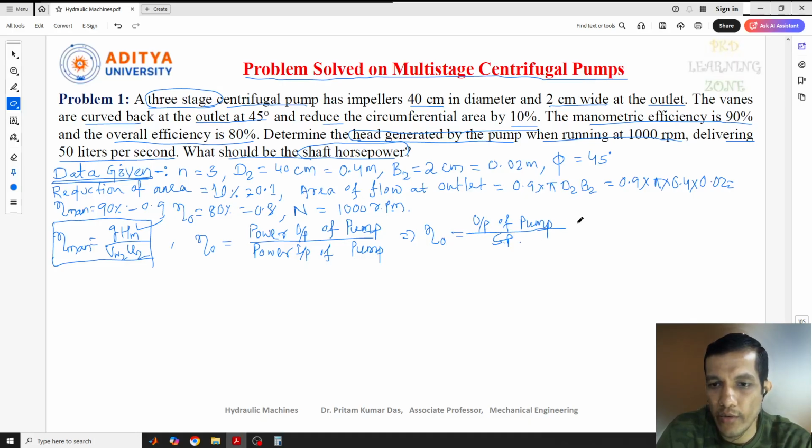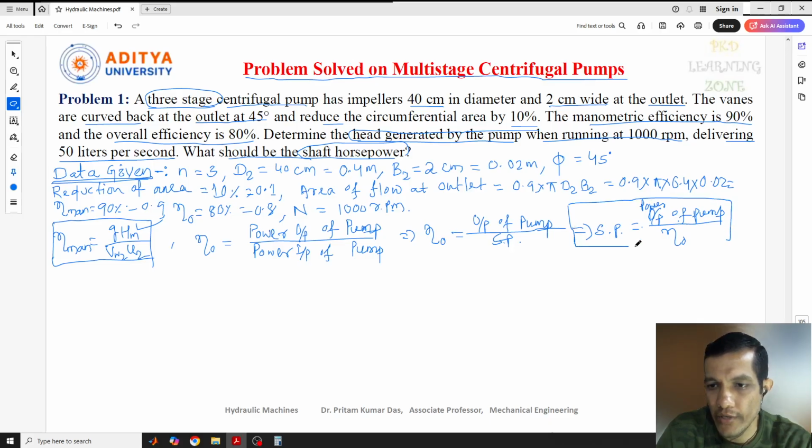So again we need to calculate the shaft power. Shaft power can be calculated as power output of pump divided by overall efficiency. These are the two formulas, and by this you can calculate.